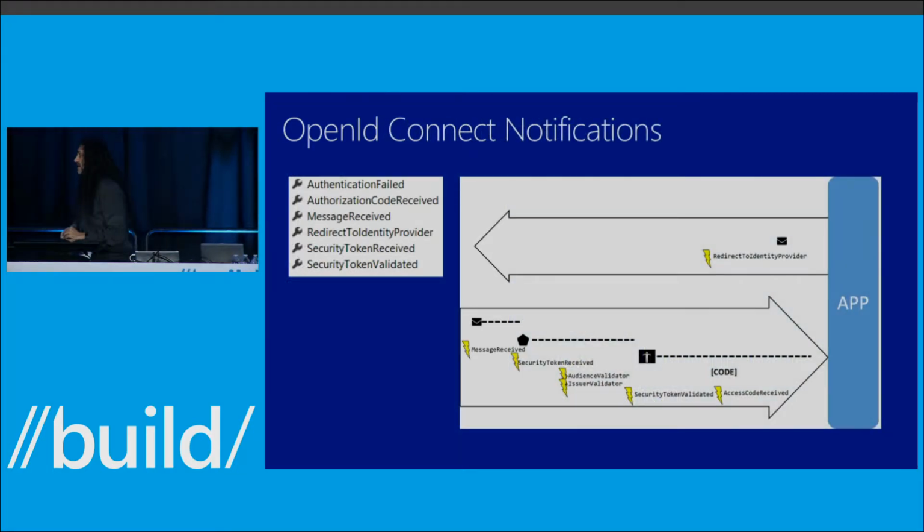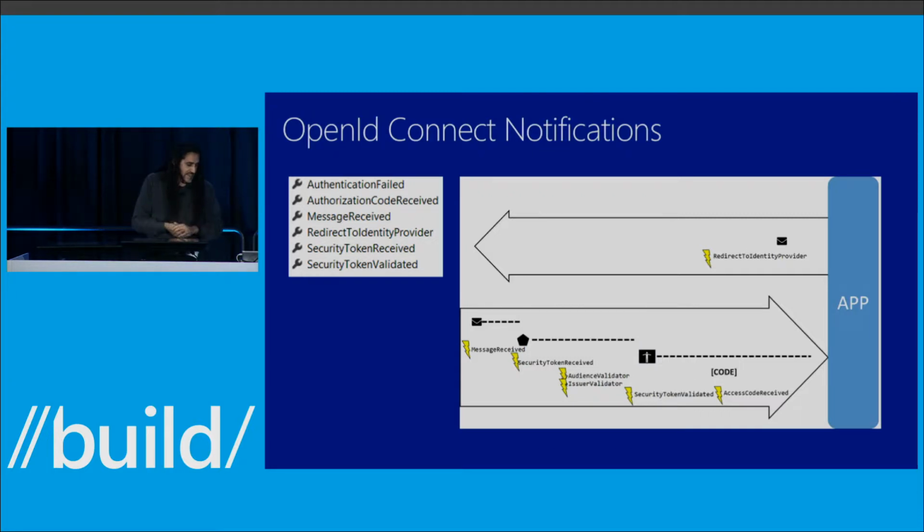The other thing that we have are notifications. If you used the Windows Identity Foundation in the past, you are familiar with events, which we raised as part of a validation pipeline. Here, in the modern world, we use notifications. In the end, same stuff. Substantially, those things take place at specific moments when you receive your requests.